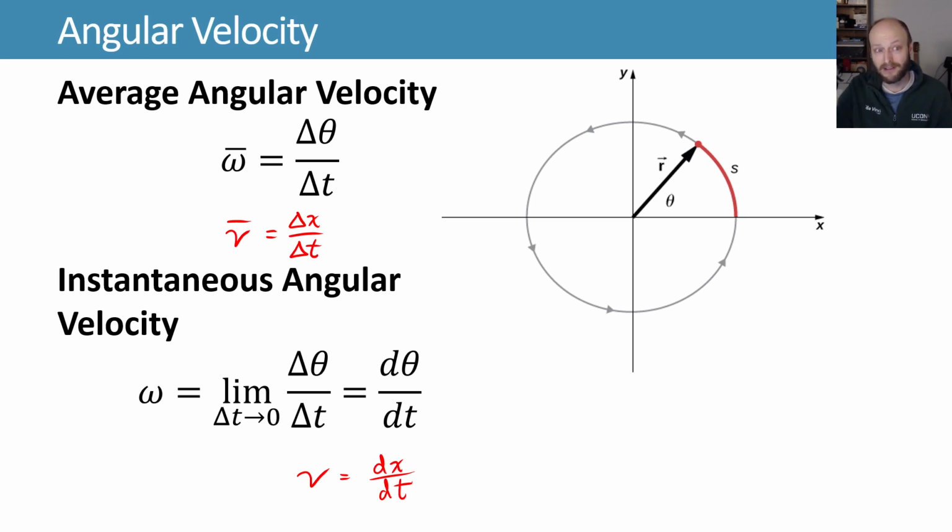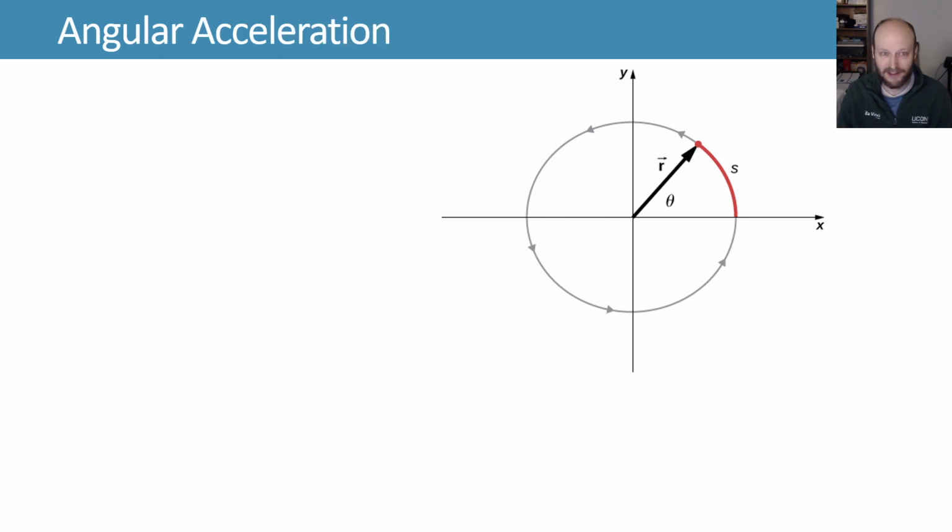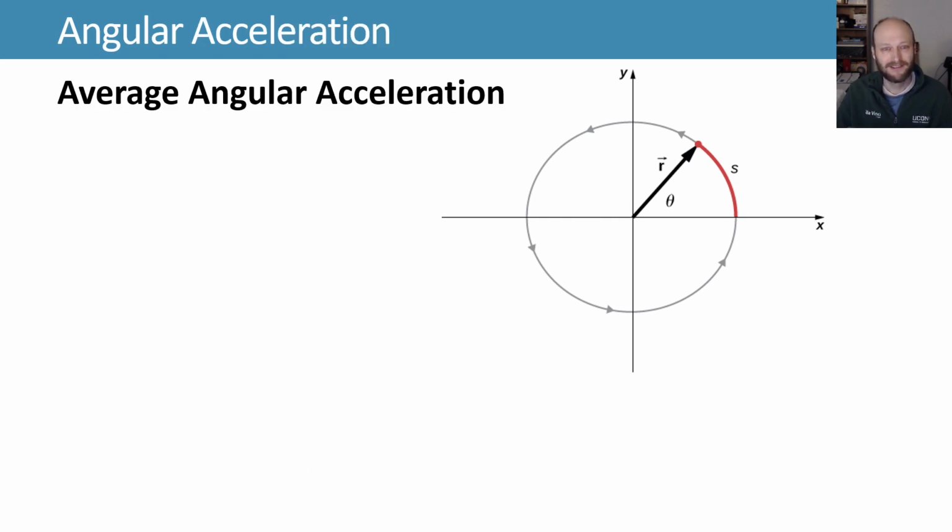We have position, displacement, velocity, and now we'll do acceleration. It will look very similar. Our average angular acceleration is now going to be the change in velocity over time. For angular quantities, this will be the Greek letter alpha. That'll be alpha bar is equal to delta omega over delta t. And that's similar to how we had our average linear acceleration as delta v over delta t.